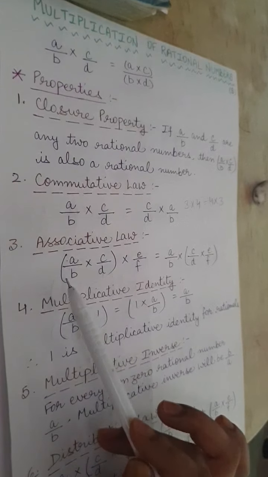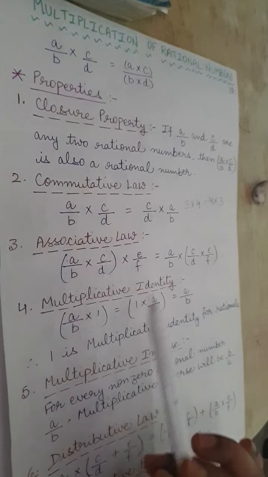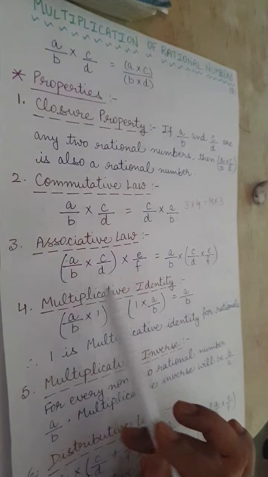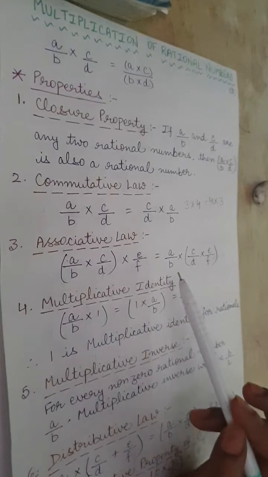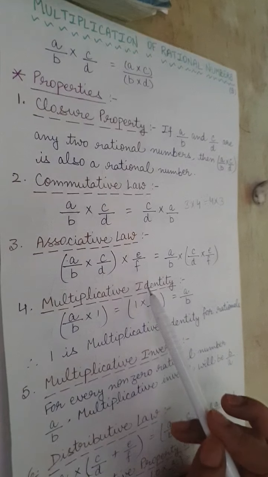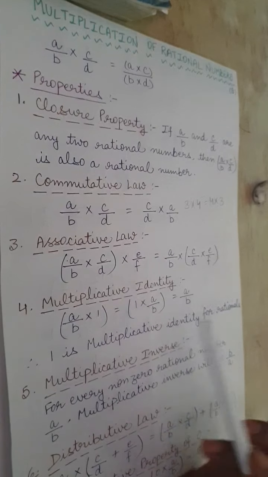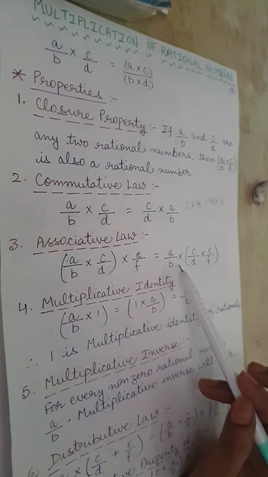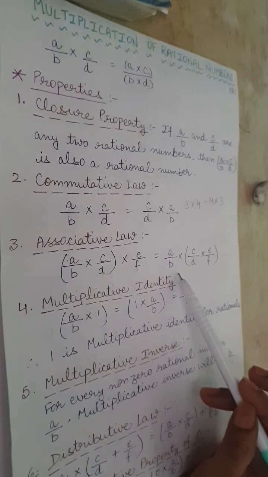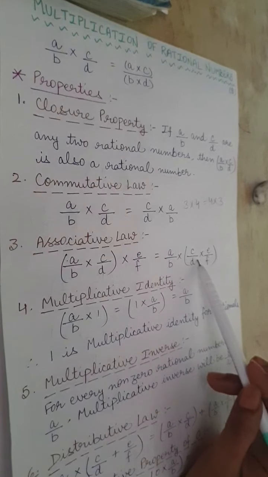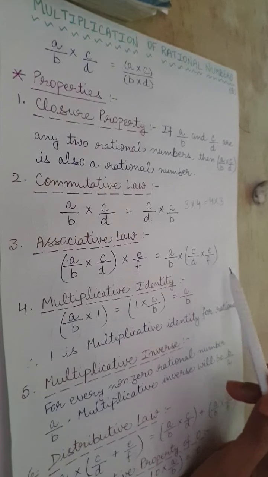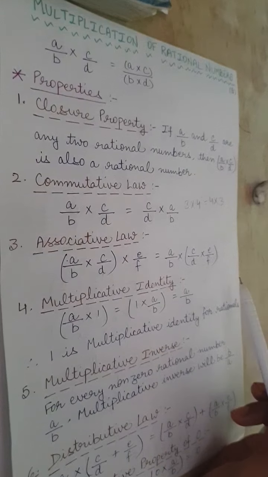The next property is the associative law. That is, a upon b multiplied by c upon d, and if we multiply this by e upon f, the third rational number, what will be the answer? The answer will be a upon b multiplied by the product of c upon d and e upon f. Fine.